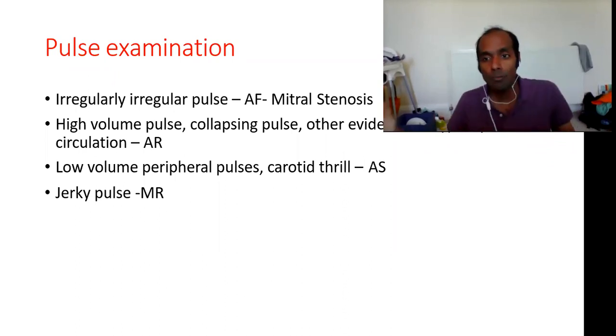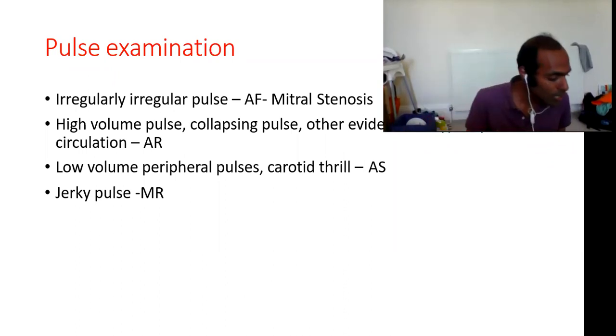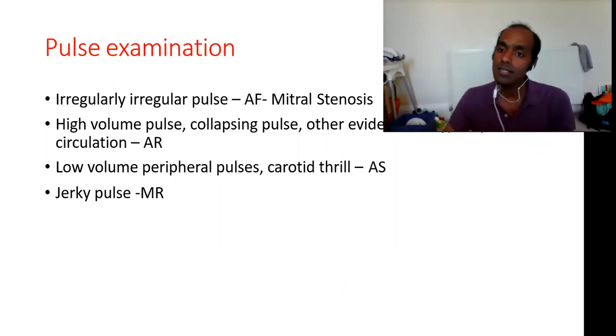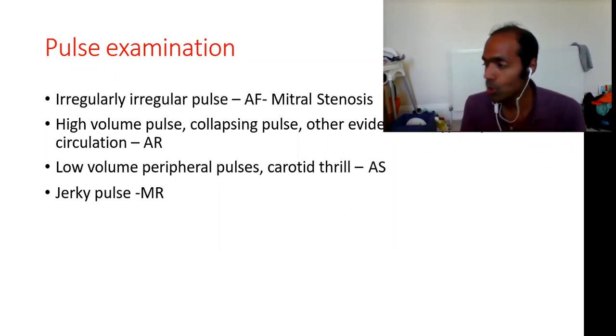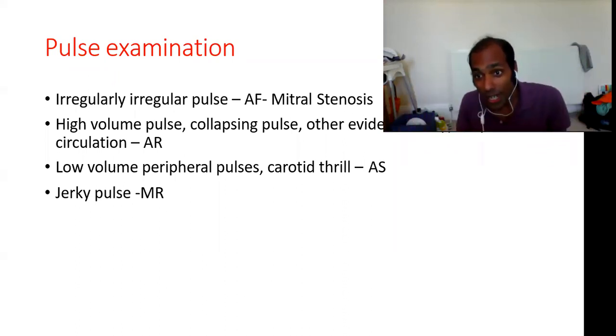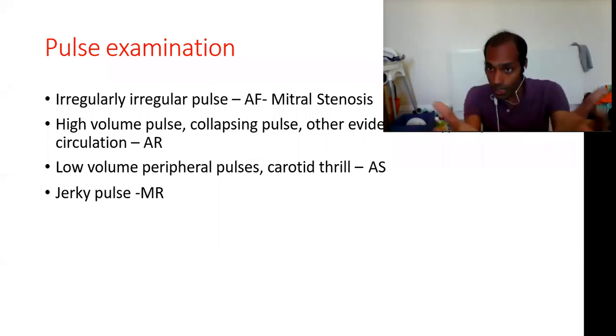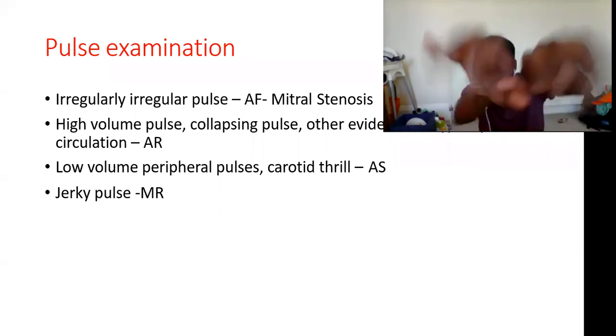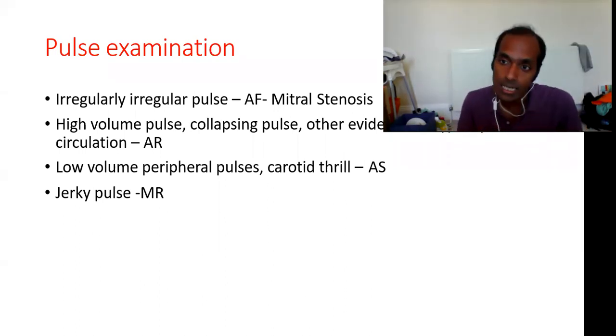So very simple. From the pulse itself, we have diagnosed several conditions now. If you find an irregular pulse, the diagnosis is clear, mitral stenosis. If you find a very high volume, hyperdynamic pulse, wide pulse pressure, collapsing pulse, all of these signs, you know it's aortic regurgitation, because blood is gushing out into the aorta and gushing back because of the regurgitation.